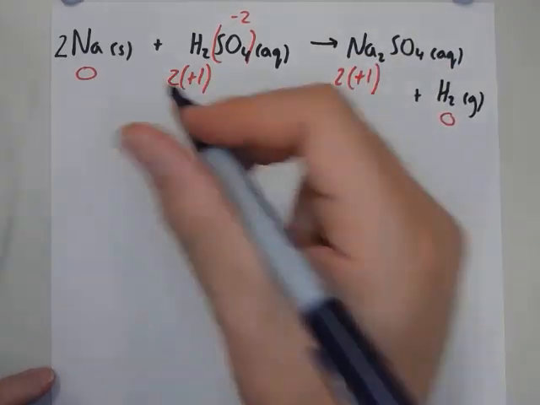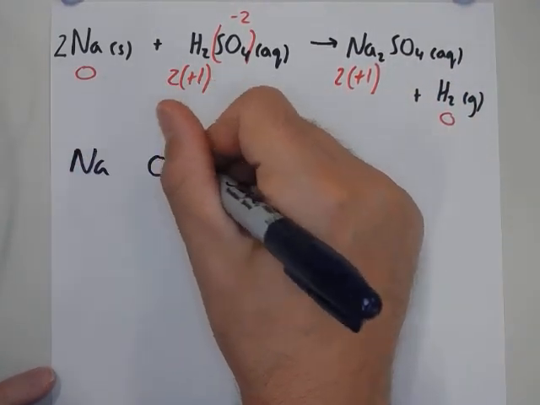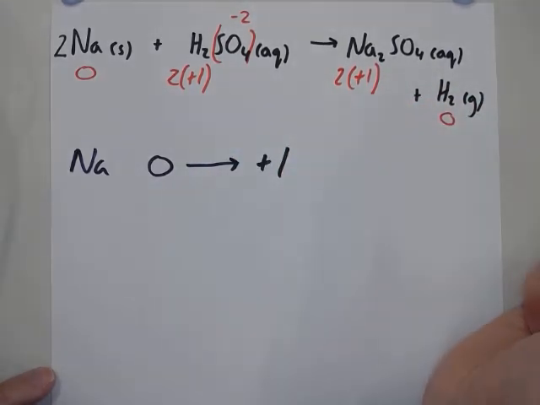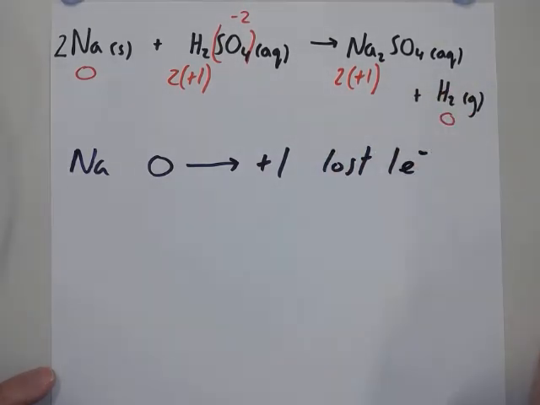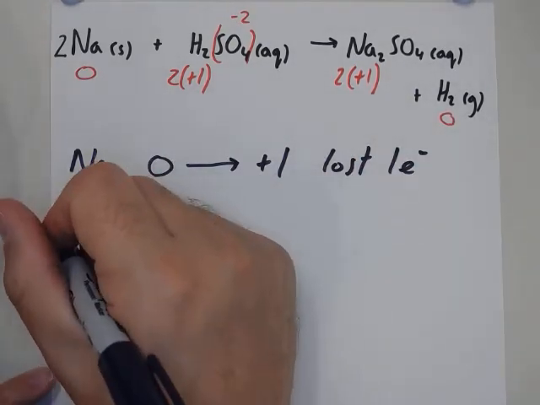If we go from the sodium, start from sodium first, Na starts off at 0 and each Na ends up +1. It's got more positive, it's lost electrons. So each sodium has lost 1 electron. If you look at the hydrogen, it's gone from +1 to 0.